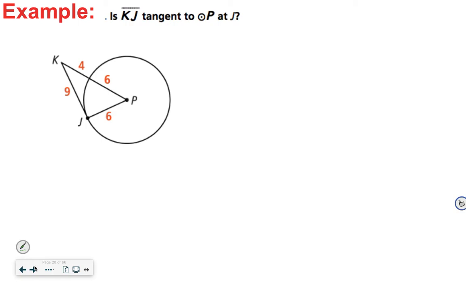Is KJ, segment KJ, tangent to circle P at the point J? This is the question. Is this line a tangent line or not? To be able to solve this question, we are going to make an assumption. The segment KJ is a tangent line.